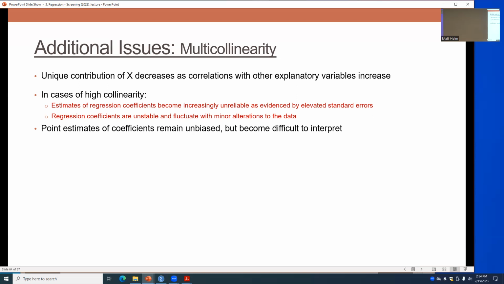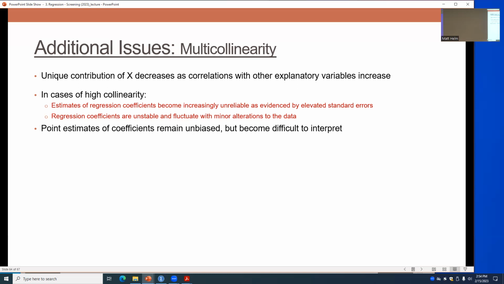So we're not asking you to have orthogonal predictors, but what becomes problematic is when you have lots of predictors that are basically measuring the same thing, even though you give them different names. Okay. Now, with collinearity, the point estimates, or coefficients, remain unbiased. Right? They might jump around a lot, but they're all centered around the population coefficient.